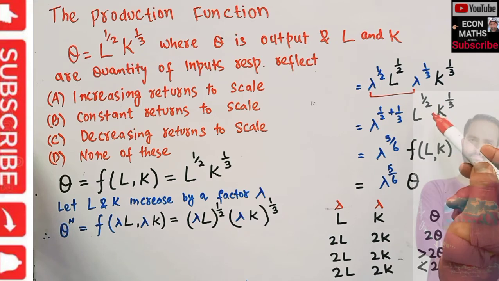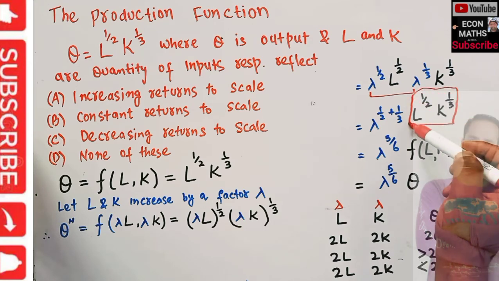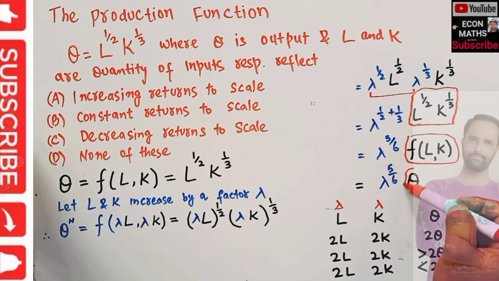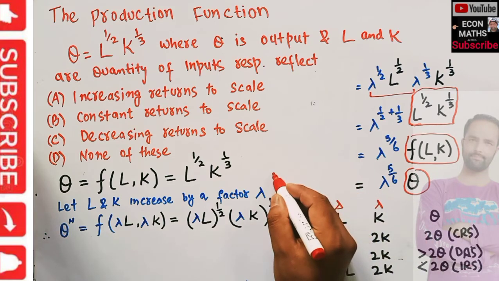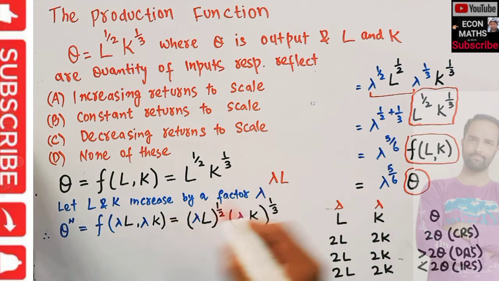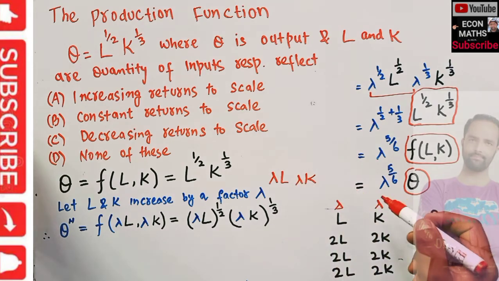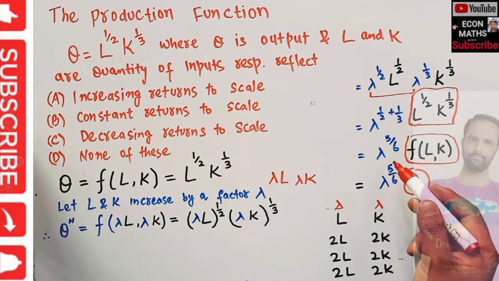And we have L to the power 1 upon 2, K to the power 1 upon 3, which is our original production function, equal to F of L, K, which is equal to Q. So we have seen that when labor was increased by a factor lambda and capital was increased by a factor lambda, our output increased by a factor lambda raised to the power 5 upon 6.